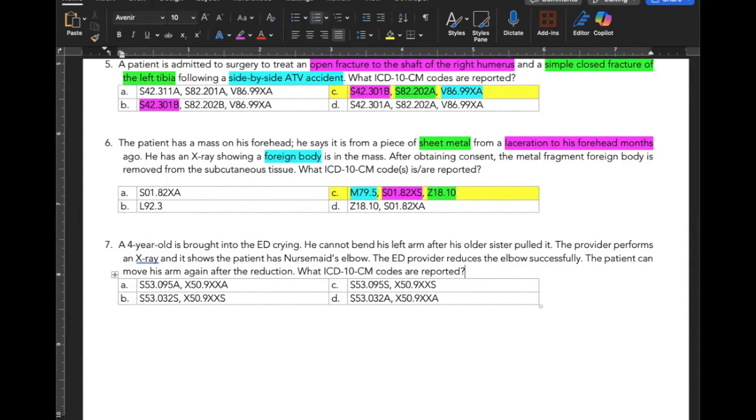It looks like you have to go to nursemaid elbow. Sometimes underneath dislocation, they might have a nursemaids option. So I always like to double check and make sure before I tell you no. So in that instance, there is not an option for the dislocation nursemaids. So you'll have to go directly to nursemaids.